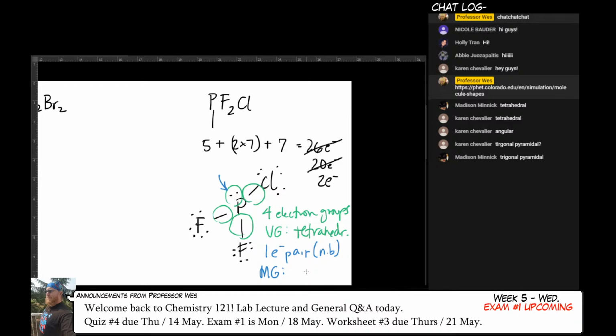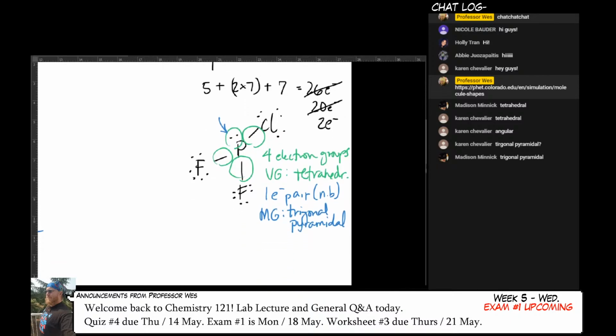Trigonal pyramidal is correct. Very good. Let's write that in. Trigonal pyramidal. And I am kind of crammed in the corner there, so there we go.